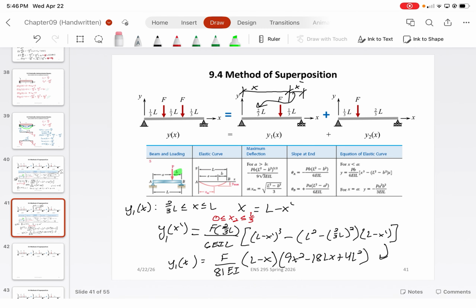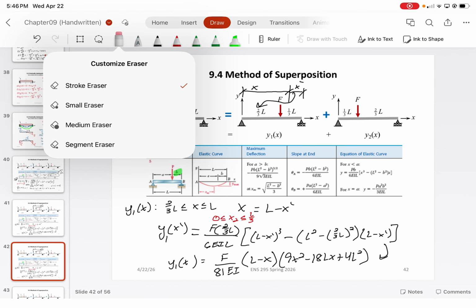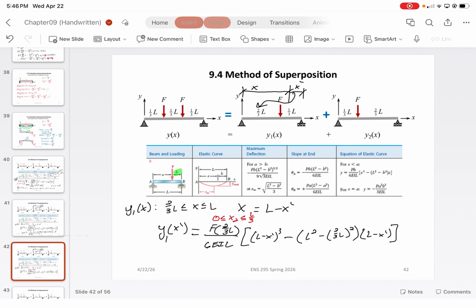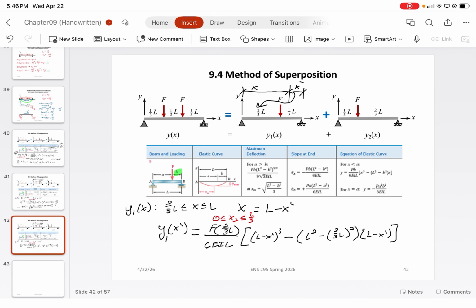So this is what they give. Let me try and figure this out. So we've got F times 2L. Let's expand this a bit. Can I erase this? No. New slide.